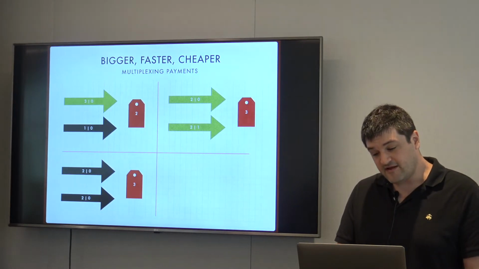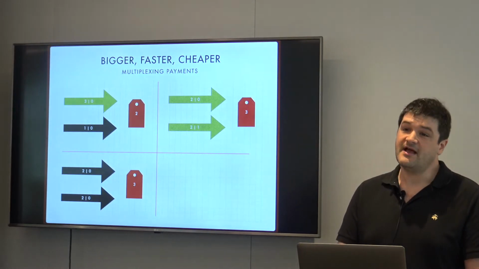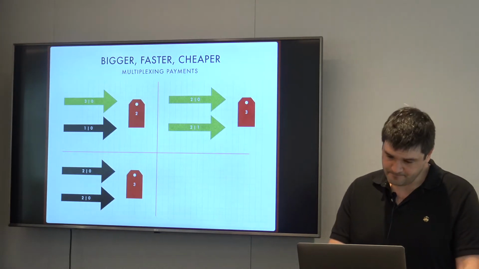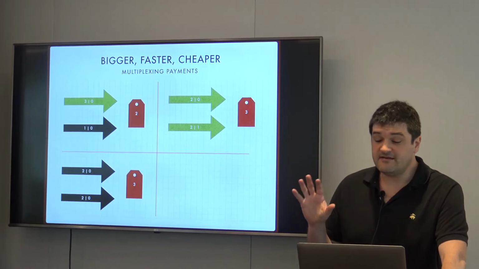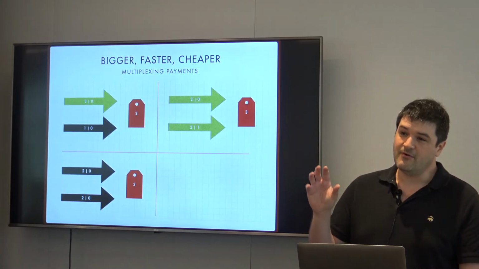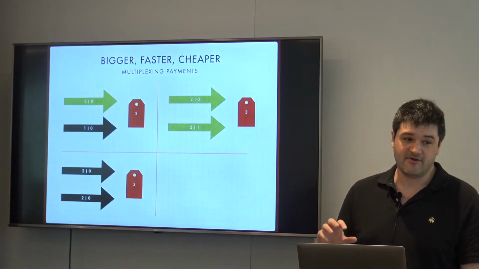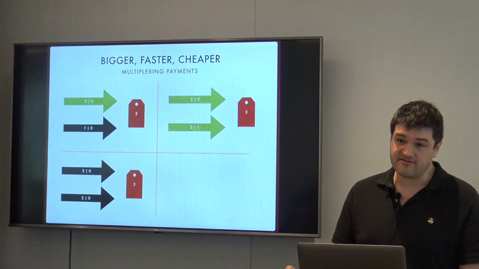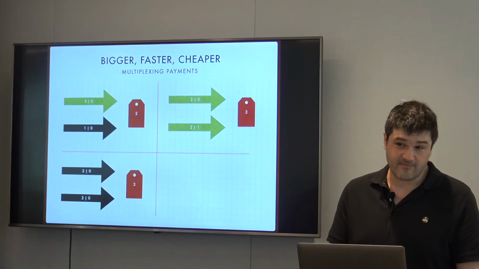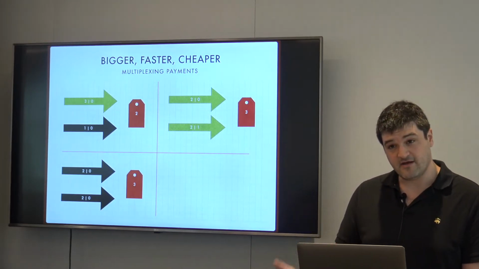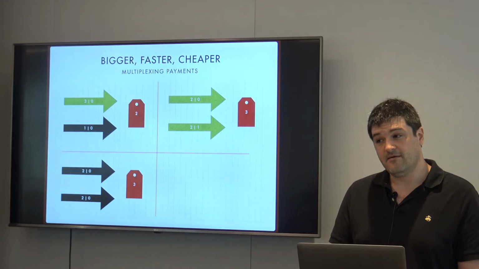And in the second quadrant, you can see that if you have 2 channels where you have insufficient balance, but you actually have inbound capacity on one of the channels, it's actually still possible, even without multiplexing payments, to pay for that 3 coin item.